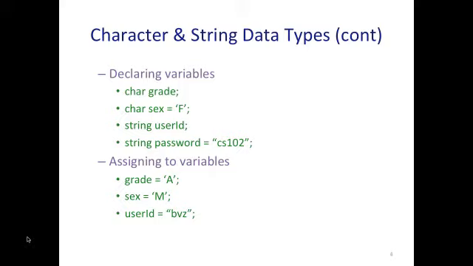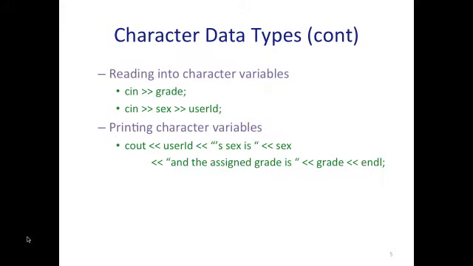Char variables start with char, string variables with string, and you assign to them just as you assigned to your number variables, using assignment statements. You read into these variables using exactly the same syntax you used for reading into numbers, and you print their values using exactly the same syntax.